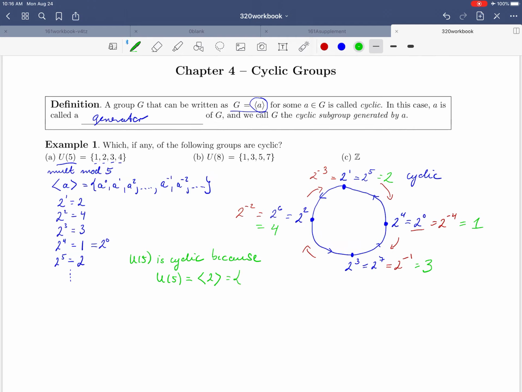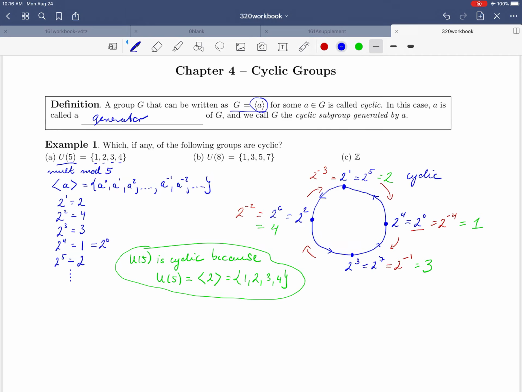It picks up everything. We get our identity, we get 2, we get 3, we get 4. Everything that's in U5. So here's an example of a cyclic group. And so we've answered our question. Part A of this problem, U5 is a cyclic group.